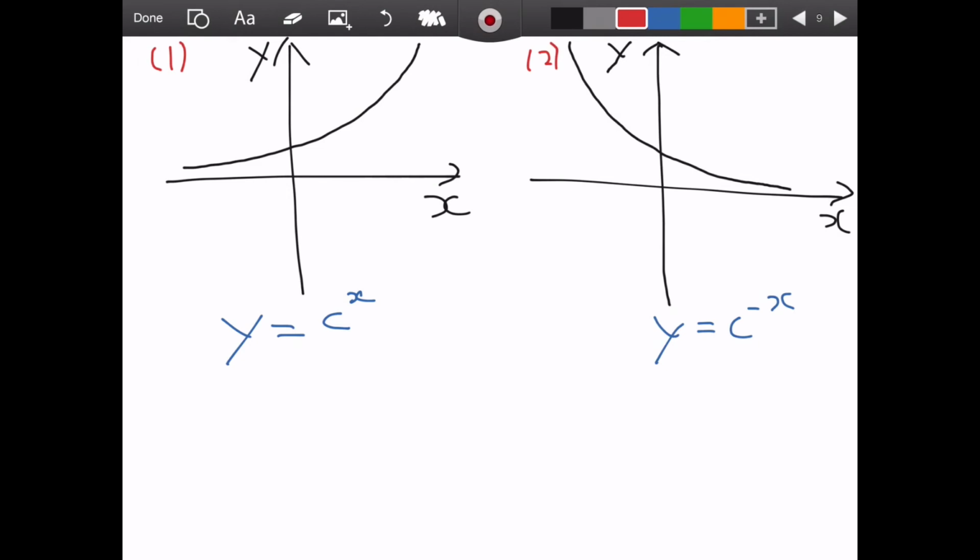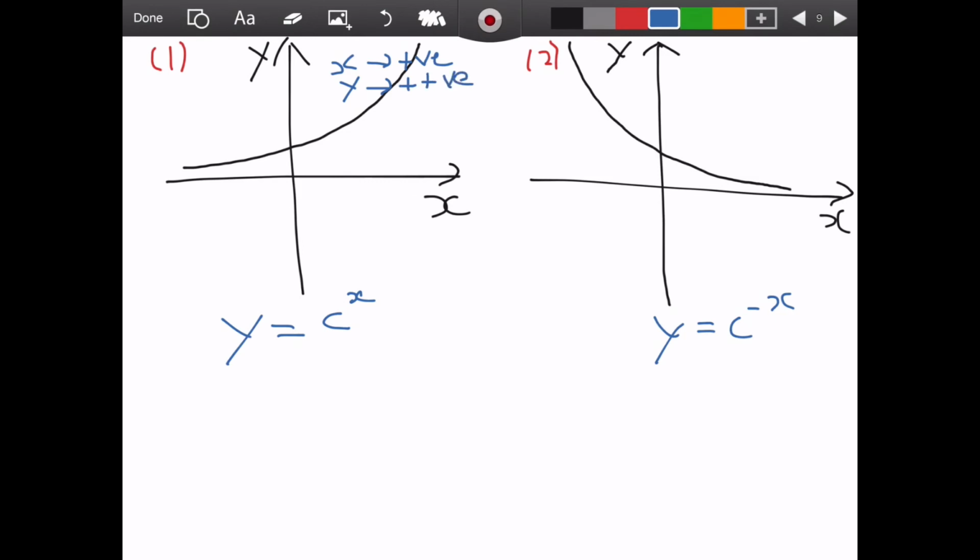Okay, and if you look at the graph, let's solve it one by one. Over here you realize that when x is a positive number and it increases, y is also a positive number, but an increasingly large positive number, right?